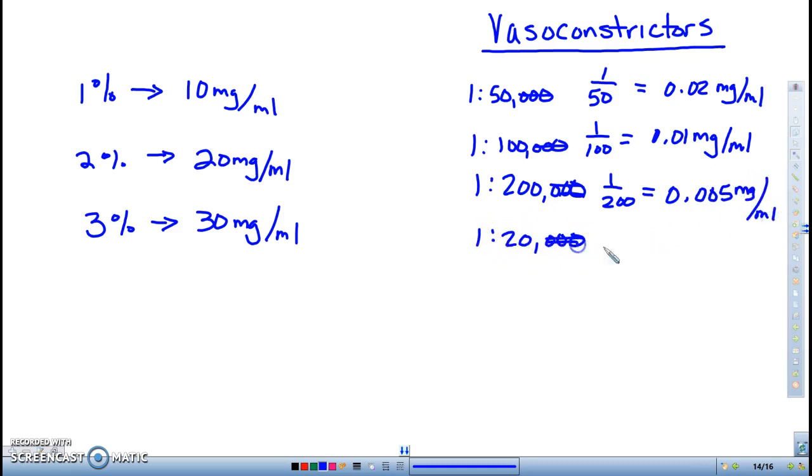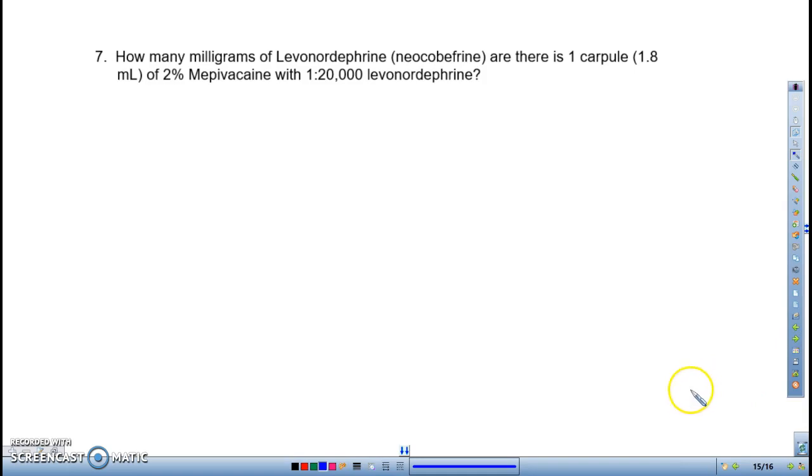Same here, knock off the 3 zeros at the end. 1 divided by 20 gives you 0.05 milligrams per milliliter. Okay? You don't have to memorize these numbers here. You can just do the math every time. So, let's work out this problem here.